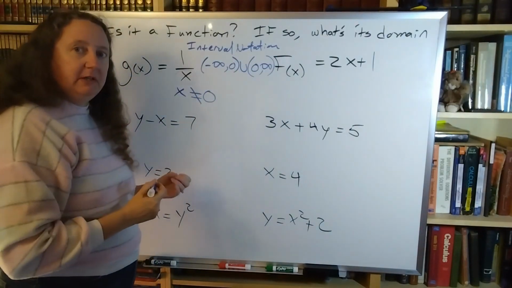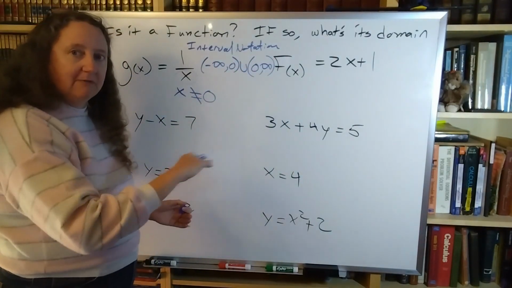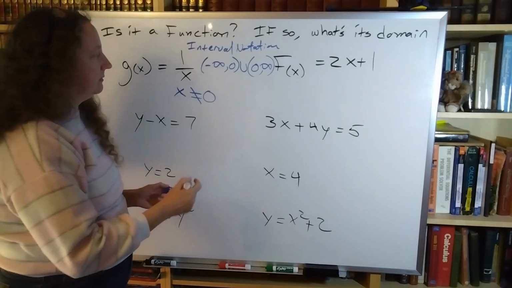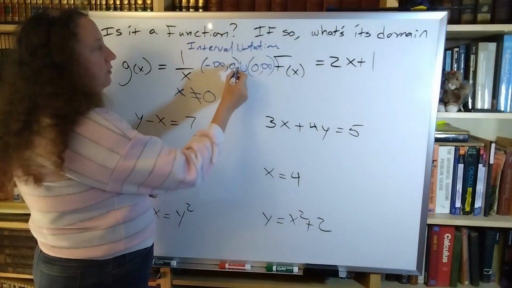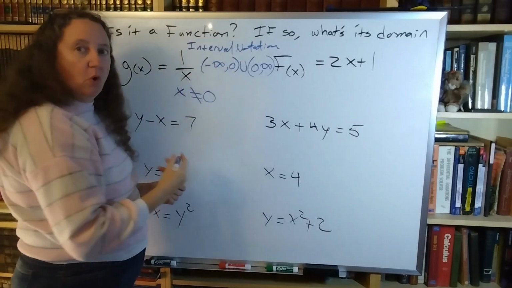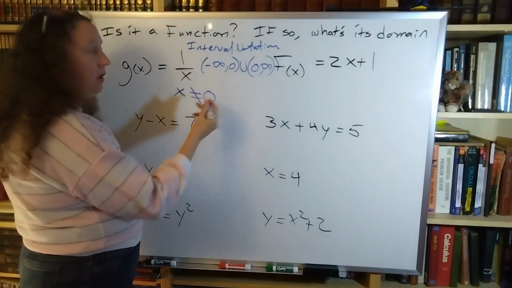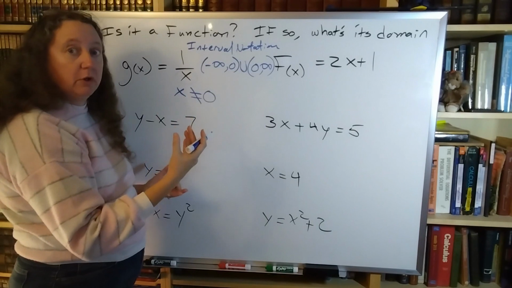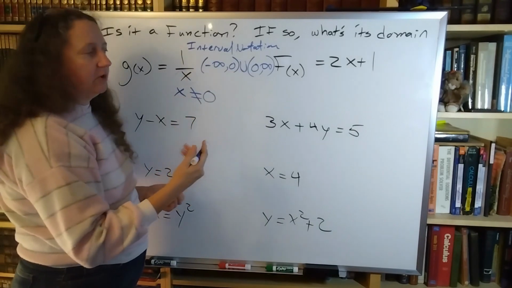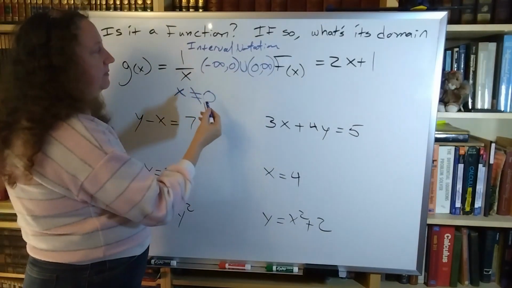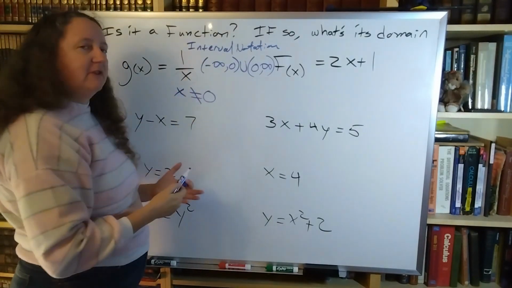And remember, infinity always gets the round parentheses, it never gets the squared bracket. This symbol here means or. Or you can also use the word union, which is the more correct term for this. So that's one way of writing it.